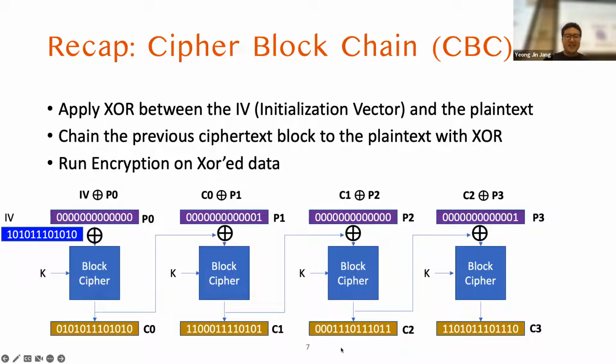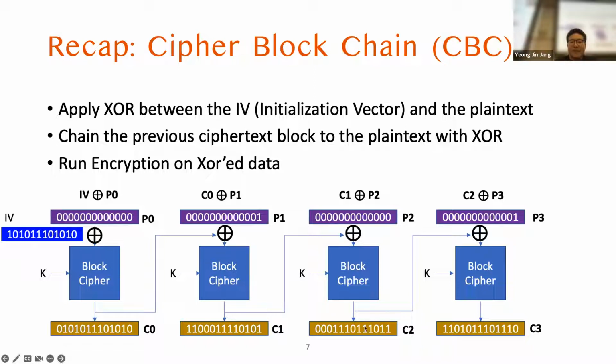encryption. So when we encrypt the plain text P3, we include ciphertext C2, and that value will be XORed to the plain text. The plain text does not come from random, but if the block cipher is a pseudo-random permutation, so it is secure, then we can regard the ciphertext of the previous round as a random number.